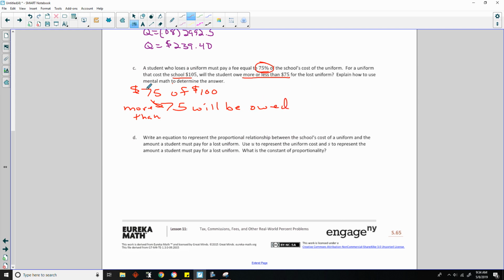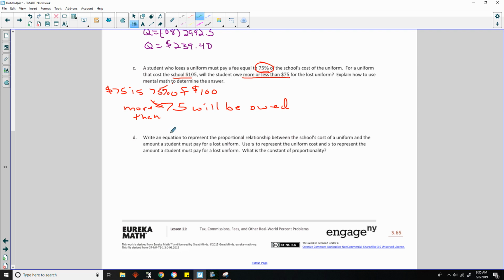Okay, because $75 is 75% of $100. So therefore it'll be more because we have $105. Okay, that was just mental math on that one.